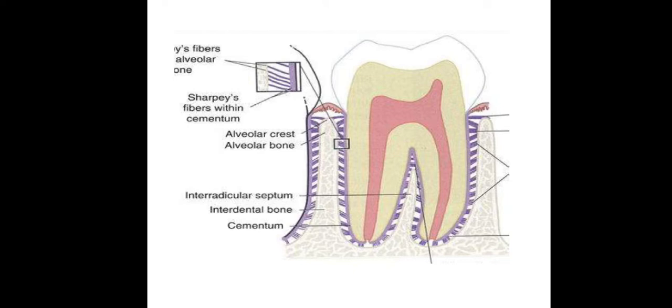In this image, you can see the alveolar bone, the interdental bone septa. This is the periodontal ligament associated with this particular tooth, this is the interdental septum or bone, and on the other side you see the periodontal ligament fibers associated with the adjacent tooth.